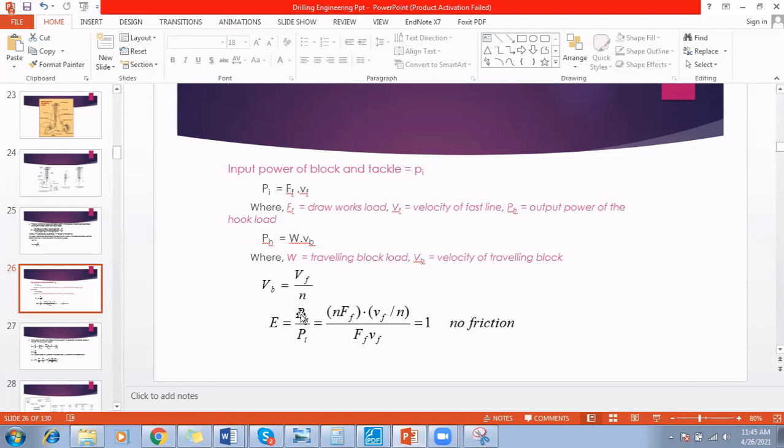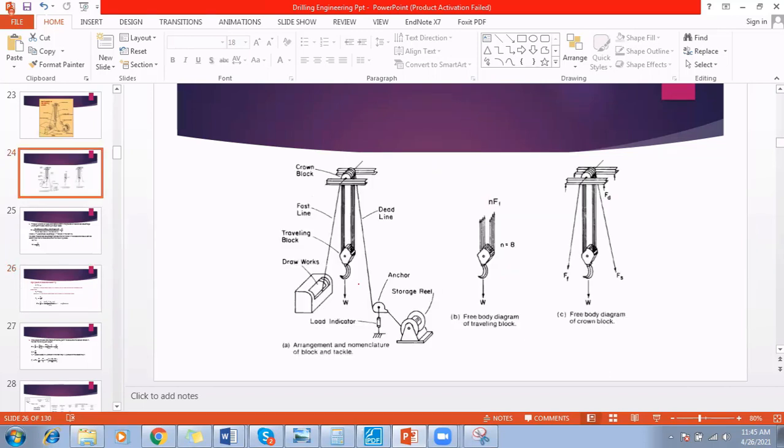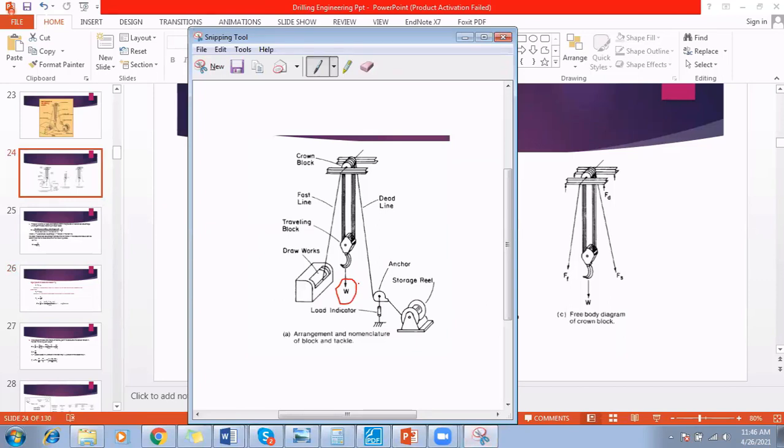Is there any student who may tell me why this is called the output power of the hook load? This is a little technical, but if you focus on the figure, you can easily tell me. I want to hear this from your side.